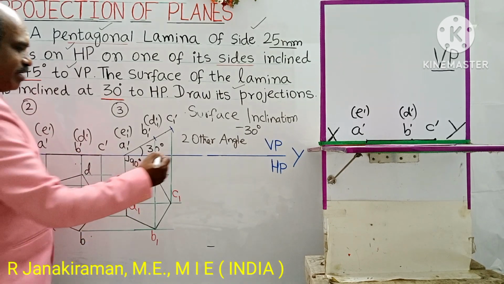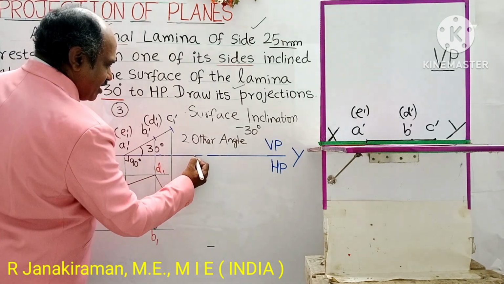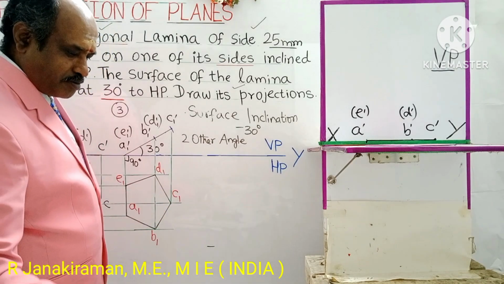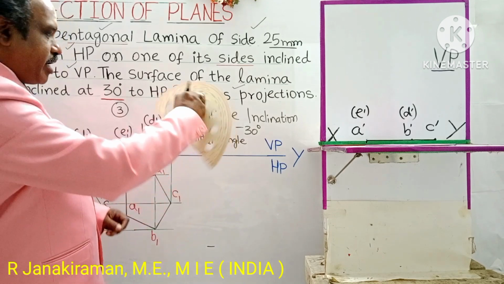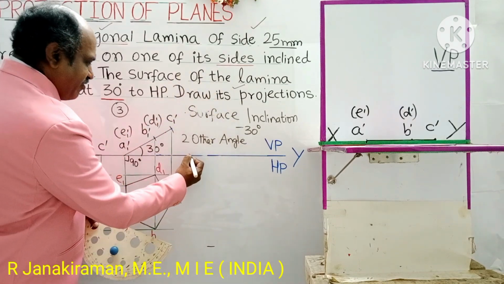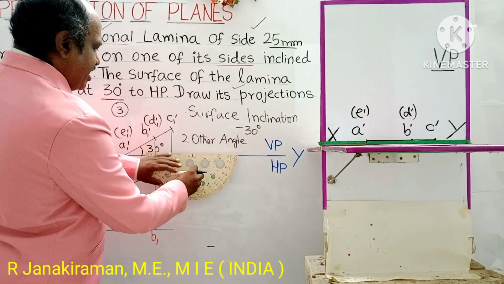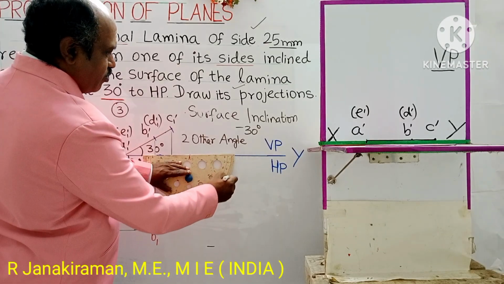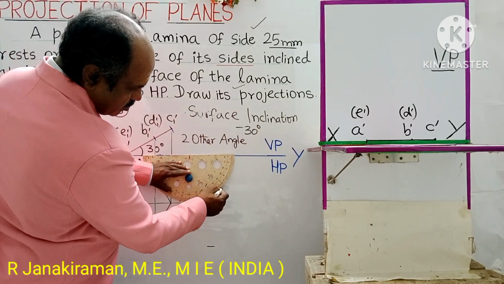Mark any point on the XY line. Let me mark it here. Take your protractor. Turn your protractor and keep this marked point as reference. Mark an angle of 45 degrees. Keep it like this and write 0, 10, 20, 30, 45, and put a point.